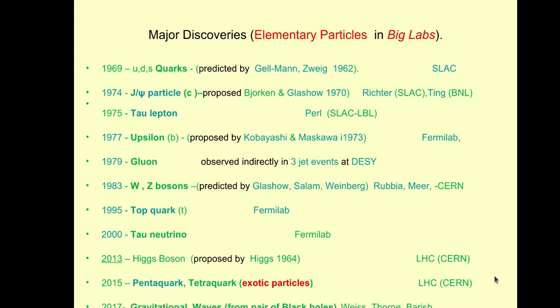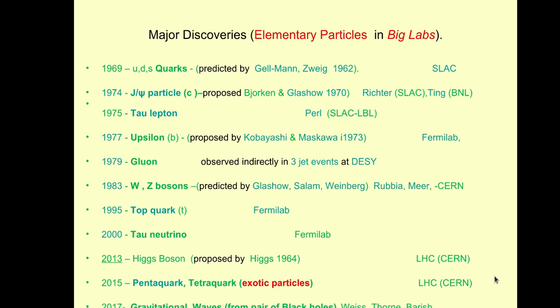This prediction of 1967 was confirmed around 1983 by Carlo Rubbia and van der Meer at CERN. Of course, their mass is quite heavy, so it took a little time to really create them.